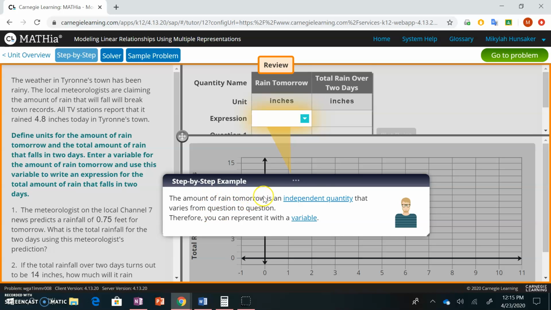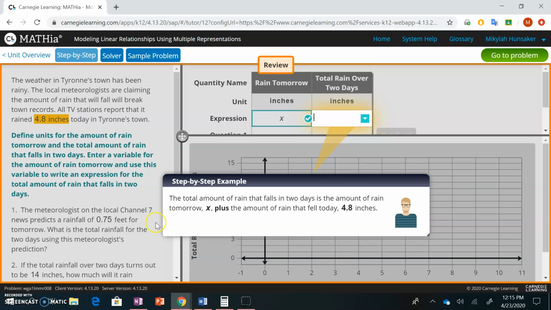The amount of rain tomorrow is our independent quantity, so you can represent it with a variable. For our independent one, the first column here, we're just going to put an x. That's going to be our variable. All right. And then the total amount of rain that falls in 2 days will be the amount of rain tomorrow, x, plus the amount of rain that fell today, 4.8. So your job in this one is to make your equation.